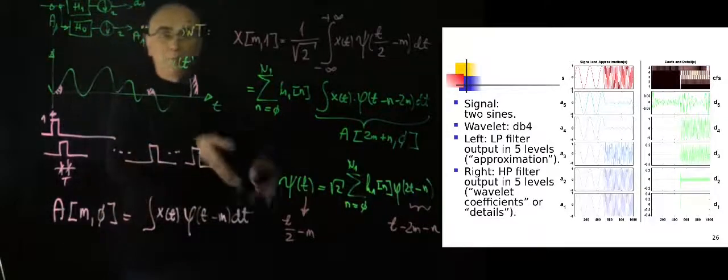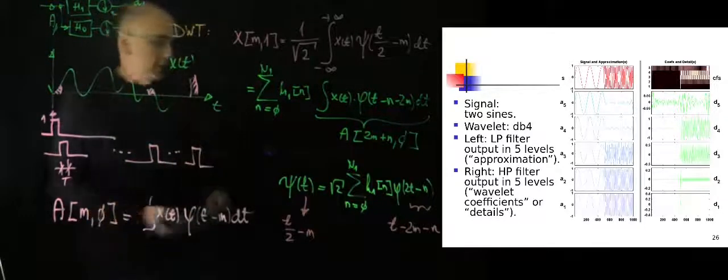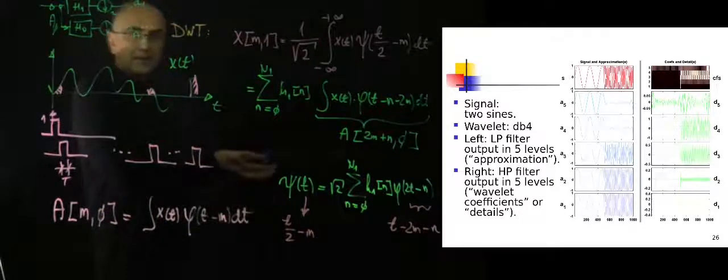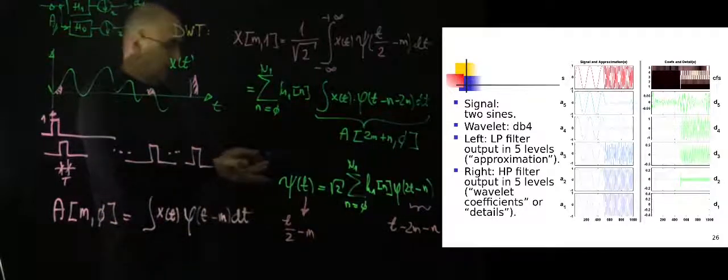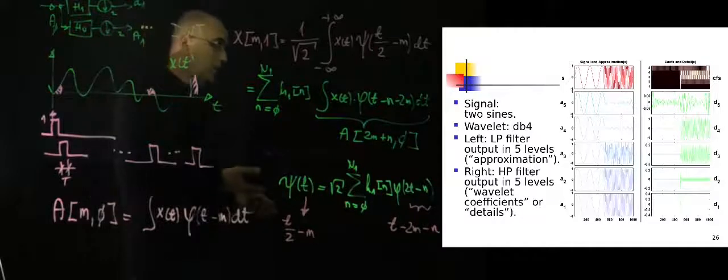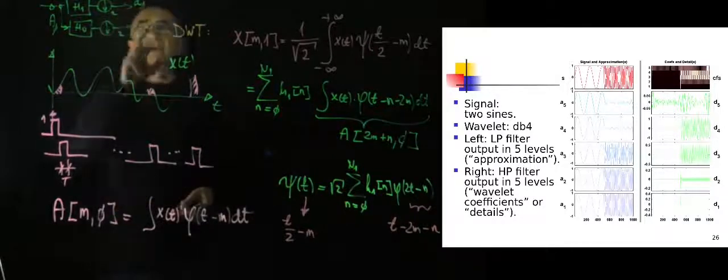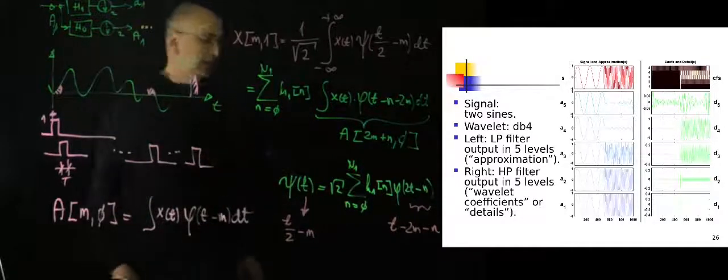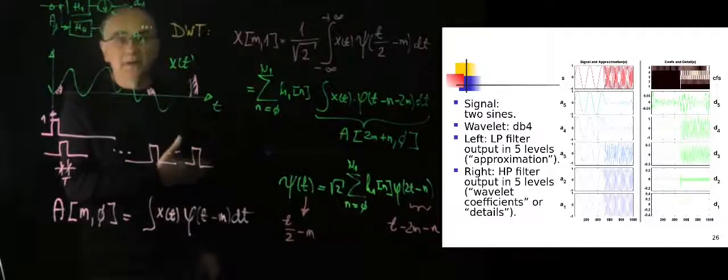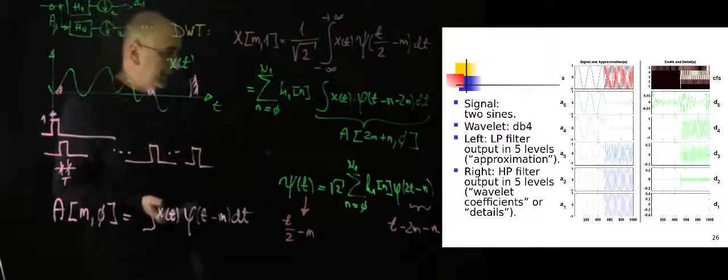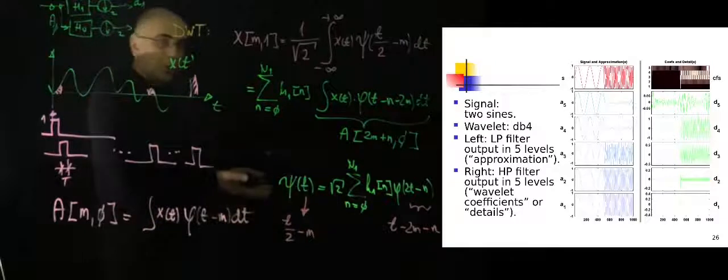Then we go on with A1, the second row from the bottom. Now we can see that there are a little bit more details, but still a lot of them are equal to zero. So we go on and on.